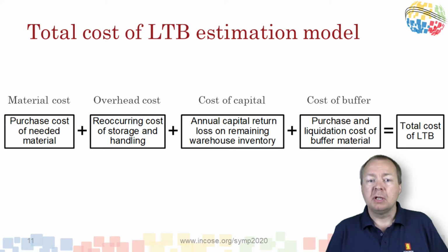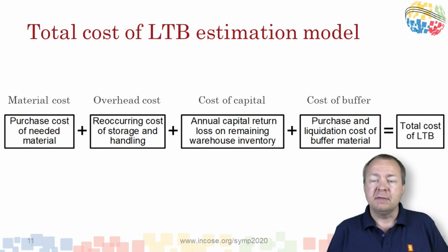When a probable last time buy candidate is identified, the total cost of last time buy can be calculated. Now let's go through the model created in this research. Material cost is the cost to purchase the forecasted material demand.